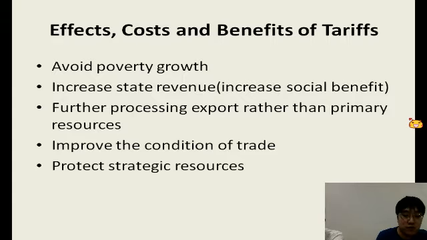For countries with an advantage in pricing of their resources in the international market, applying tariffs on related resources will directly increase the state's revenue, as the demand elasticity of these resources is generally high. This revenue can be used to increase social benefits.